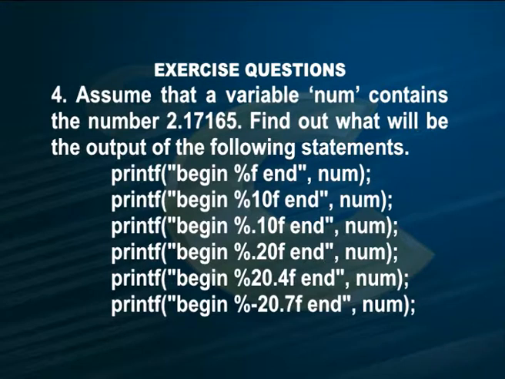Find out what will be the output of the following statements: printf("begin %f end", num), printf("begin %10f end", num), printf("begin %.10f end", num), printf("begin %.20f end", num), printf("begin %20.4f end", num), printf("begin %-20.7f end", num).